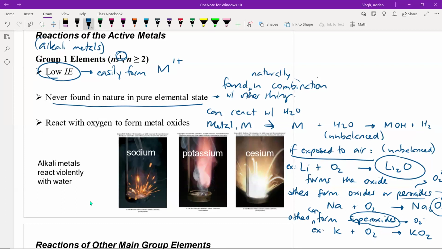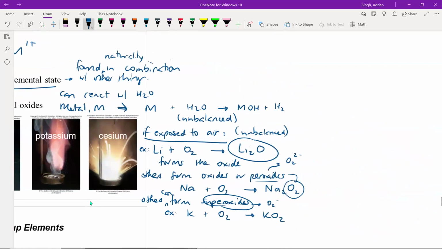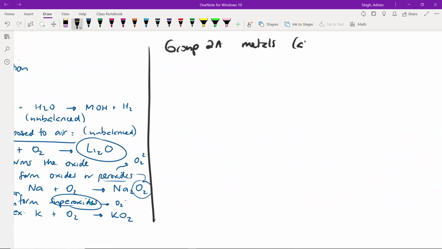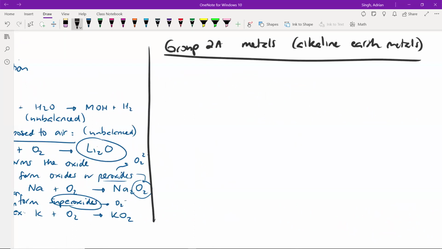If we look at the group 2 metals, we're going to see some similarities, also some slight differences. So the group 2A metals, these are the alkaline earth metals. Okay, and for example here, what we will see is that these generally form the metal with a 2+ charge on it because it'll lose those 2 valence electrons.